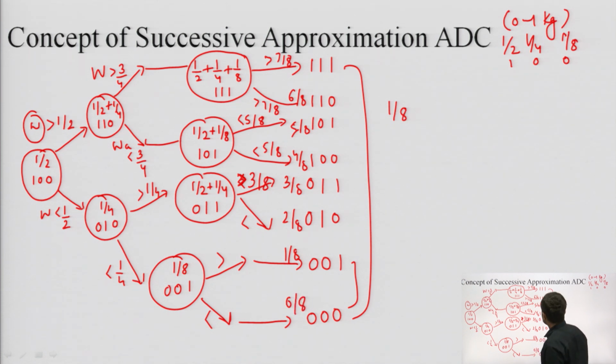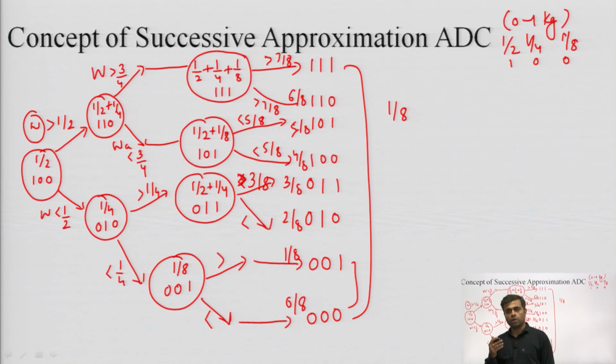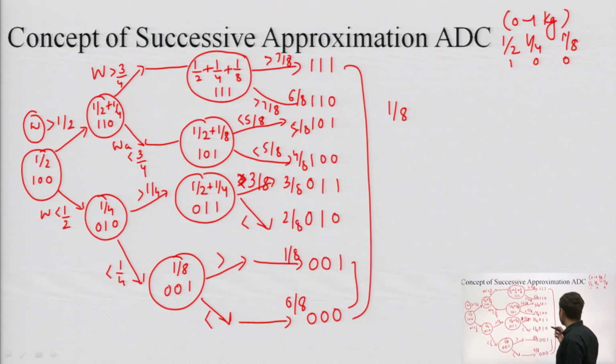So instead of using 1 by 2 as we have done in case of DACs, to make the quantization error half, we chose the step size as half of LSB, that means 1 by 16.